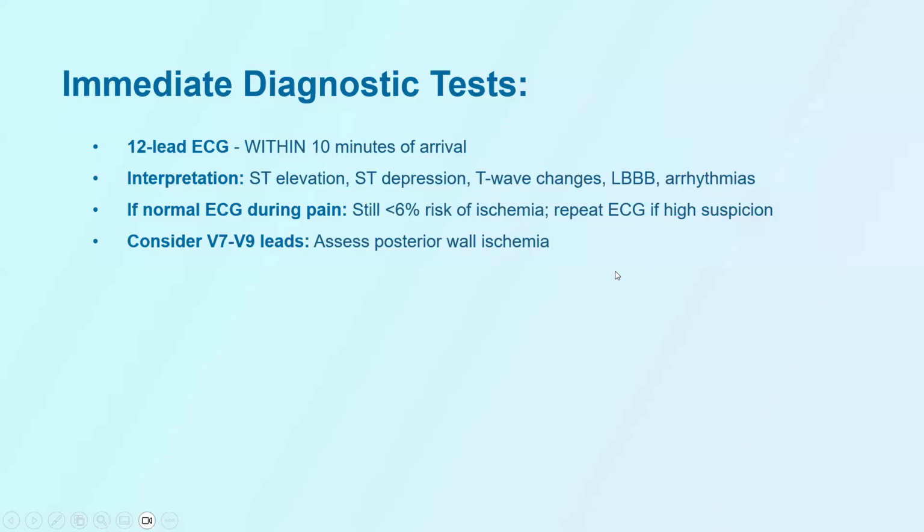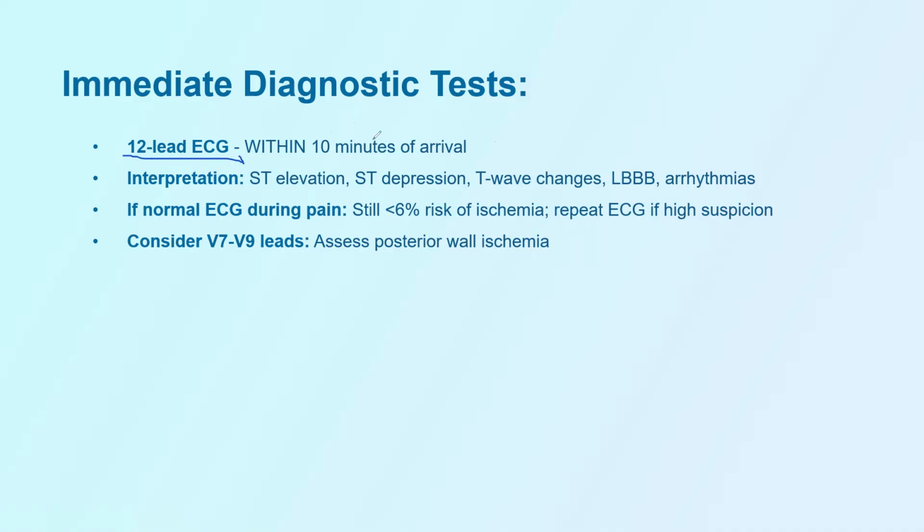Now, what are some diagnostic tests that we have to do? First, the patient with chest pain. Every patient with chest pain who comes to the emergency department needs an EKG. This will almost always be done for all patients. The goal is to get it done within the first 10 minutes.